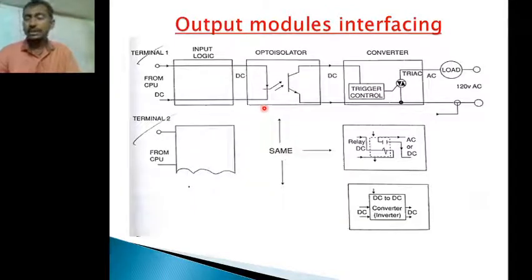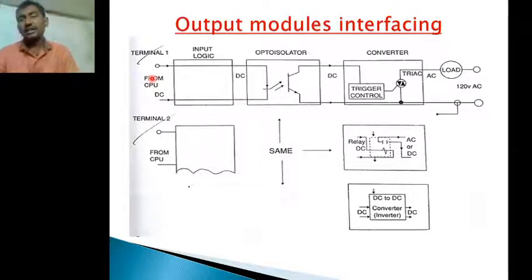In a similar fashion on the output side, if there are any high voltages and there is no opto isolator, then those high voltages will be applied to our PLC CPU and it may get damaged. Because of that, for the input side and the output side, we have to isolate the input devices and output devices.